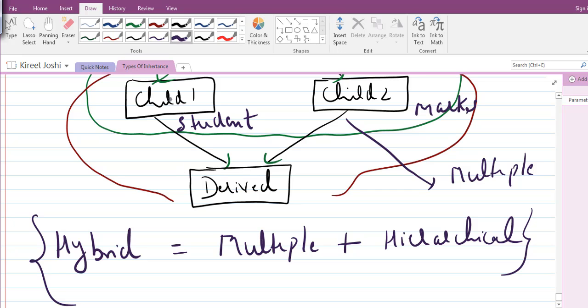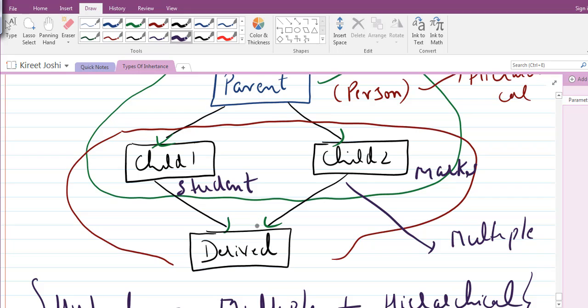For example, the derived class is result. From person we have derived student and marks, and from student and marks we find the final result of this student. In this way we can progress.